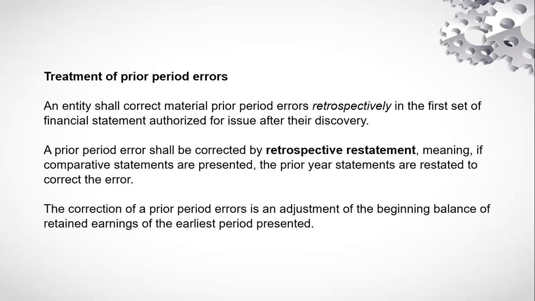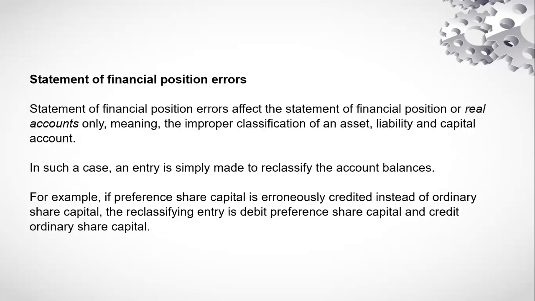A prior period error shall be corrected by retrospective restatement, meaning if comparative statements are presented, the prior year statements are restated to correct the error. The correction of a prior period error is an adjustment of the beginning balance of retained earnings of the earliest period presented.